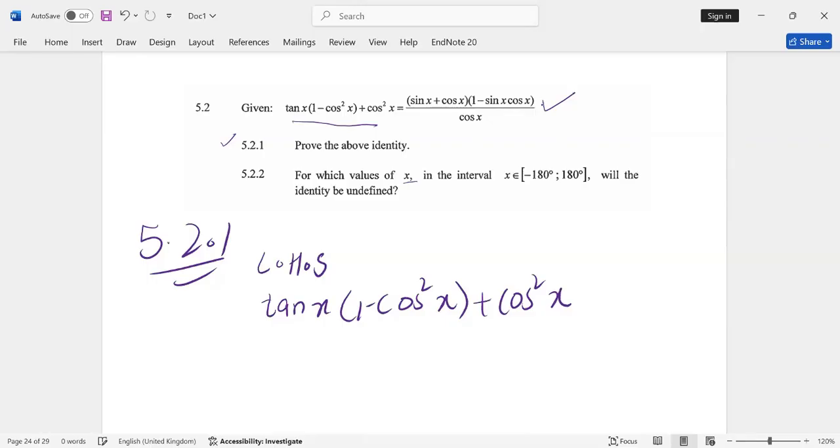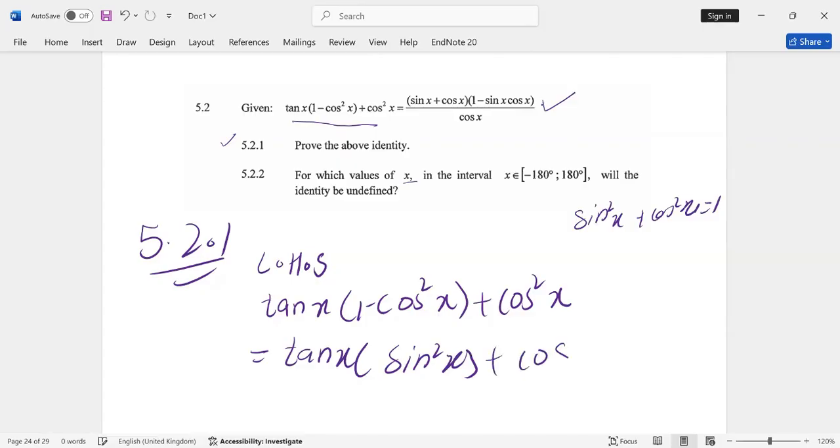This is tan x times sine square x, because sine square x plus cos square x equals 1, so 1 minus cos square x equals sine square x, plus cos square x.